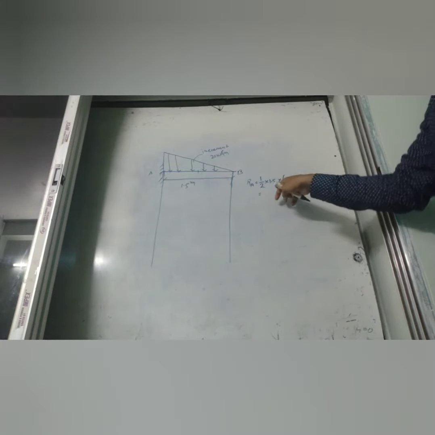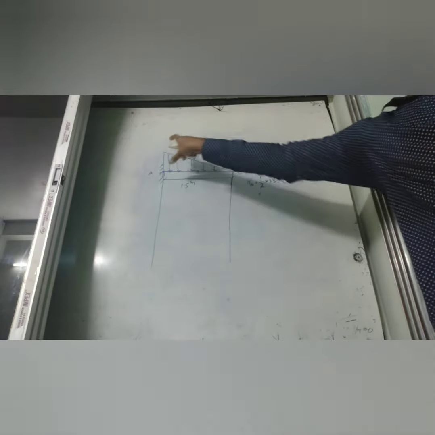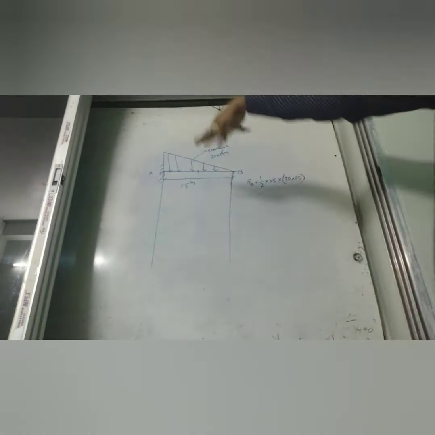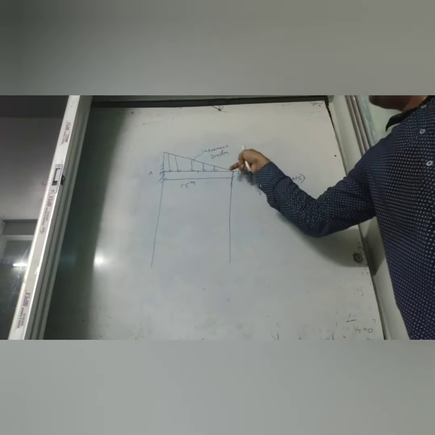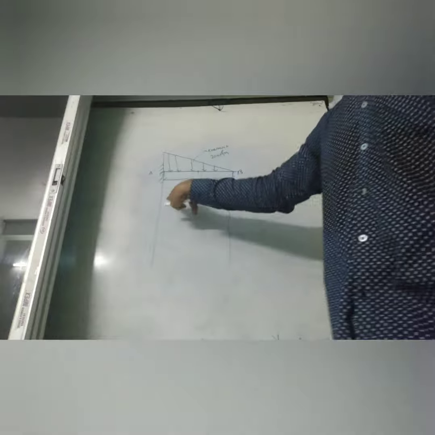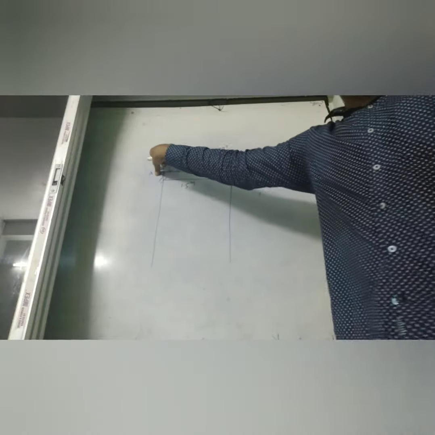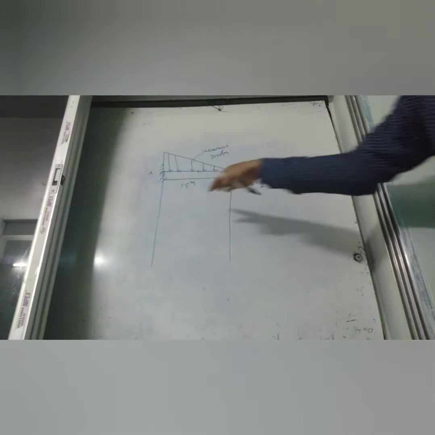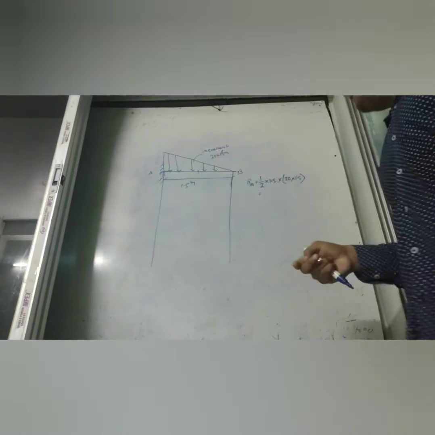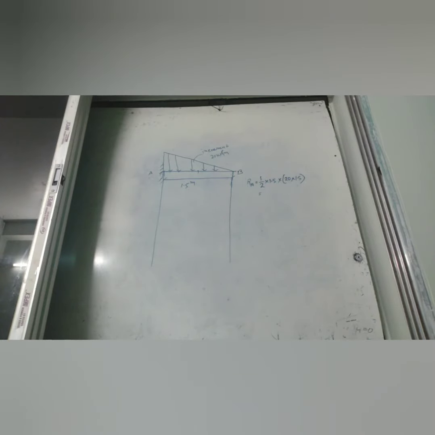Okay, half into base into height is not 20, because we don't know if we go to 1.5 meter that it will be 20 or not, because it is given 20 kN per meter, but the length is 1.5 meter. If 1 meter were given, then we know that it is 20. If a number more than 1 is given, then we need to multiply it with the increment force.